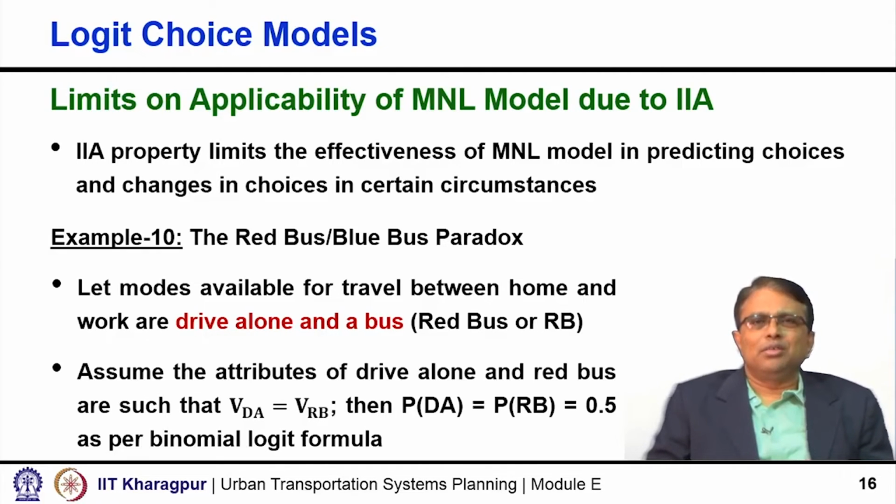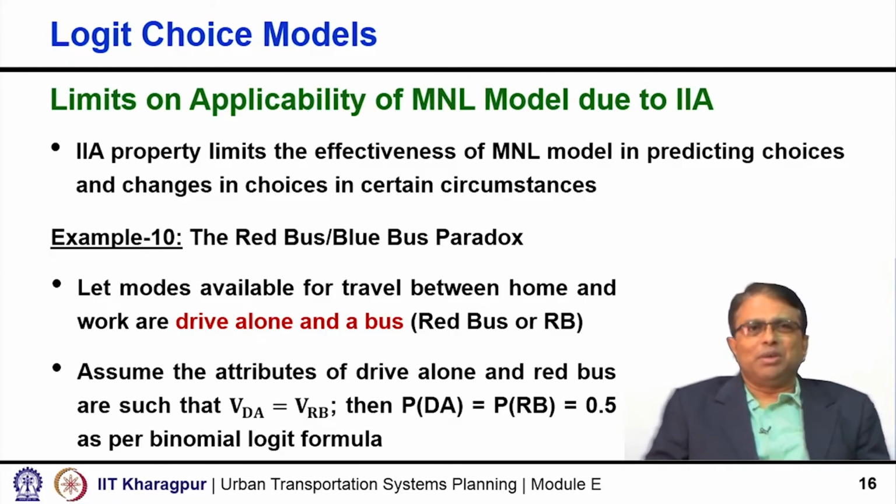You expect the probability of using DA equal to the probability of using red bus RB equal to 0.5, because the utility values are the same. So, simply I would apply a binomial logit and get the value. In each case, the probability of using that alternative is 0.5, because the deterministic components of utilities are the same. Okay, clear up to this?